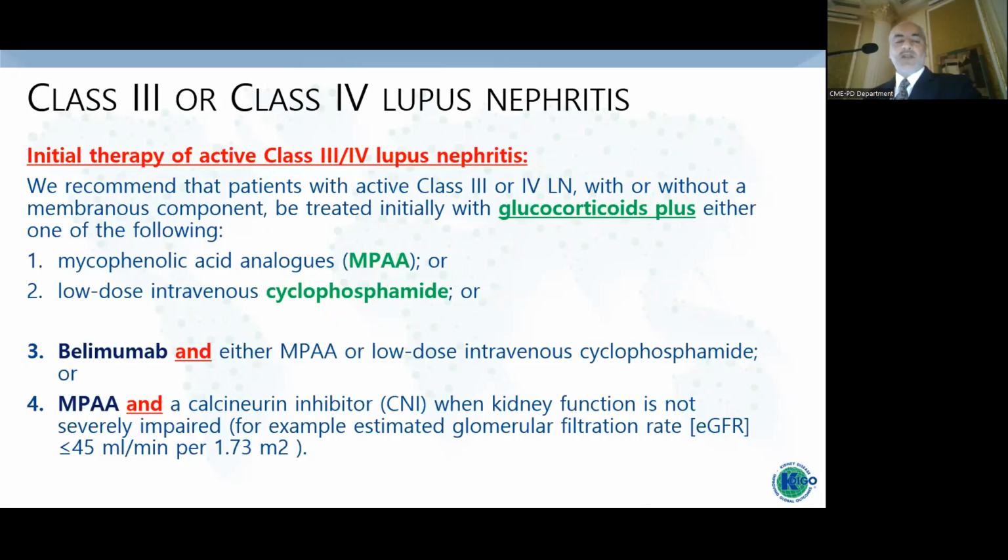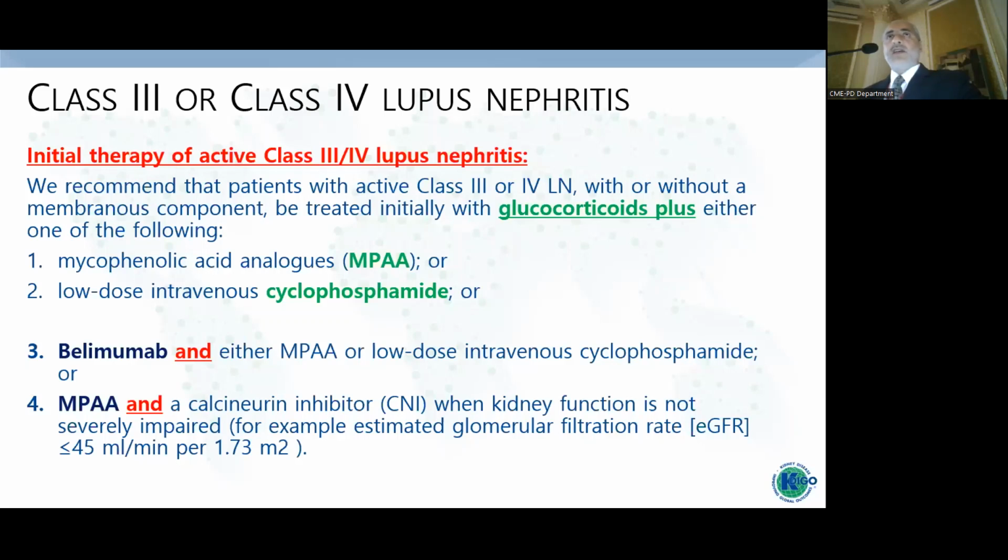Belimumab is a monoclonal antibody newly introduced in the management of lupus nephritis, and it helps in inducing remission and reducing relapse of lupus nephritis. Belimumab can be combined with either MPA or a short course of low-dose intravenous cyclophosphamide.